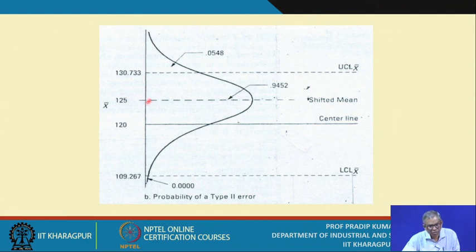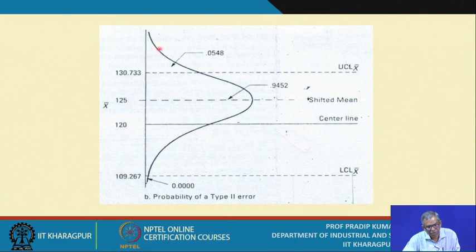Is it okay? But the old control chart is still being used, and what you find is that this process has shifted to around 125. So you need to compute this area, that is the probability of making, no, this is the probability of making the right conclusions actually.